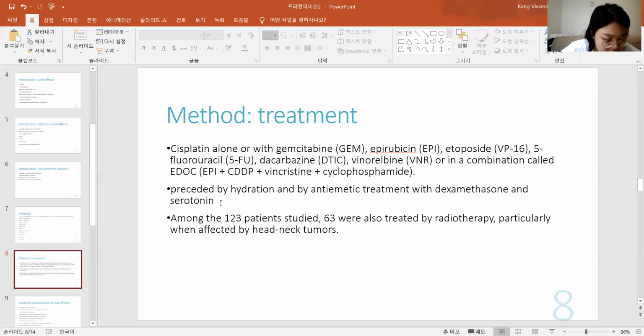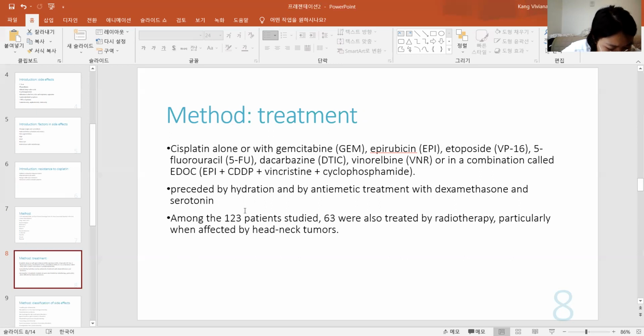Also, when cisplatin is administered with GEM, 5-FU, or EN, additional administration of dexamethasone is required, and when therapy follows the deoxy scheme, the amount of serotonin is doubled as well, preceded by hydration and by intermediate treatment with dexamethasone and serotonin.